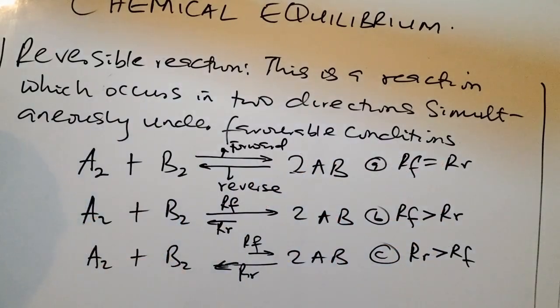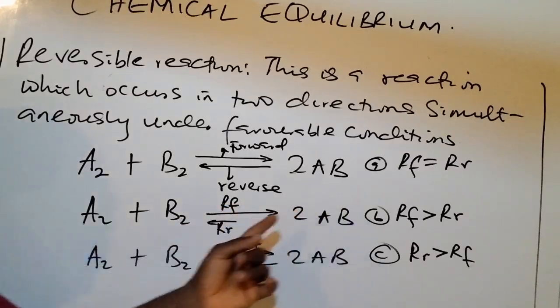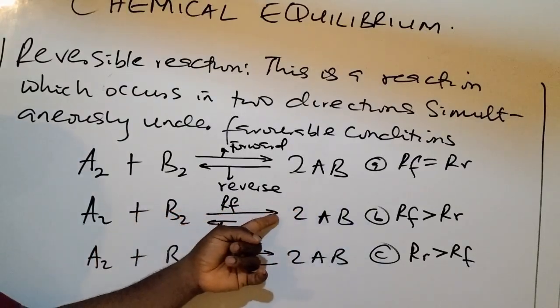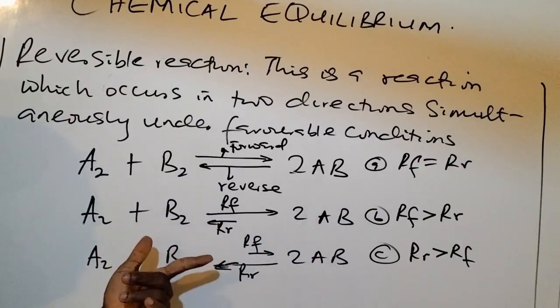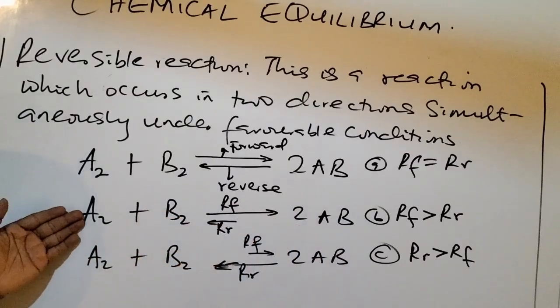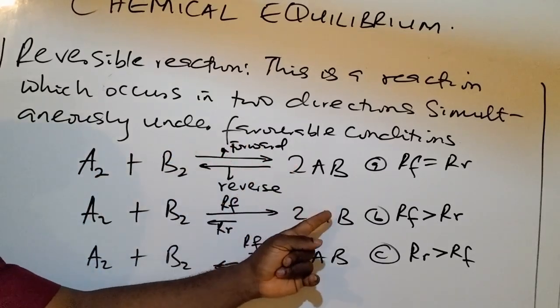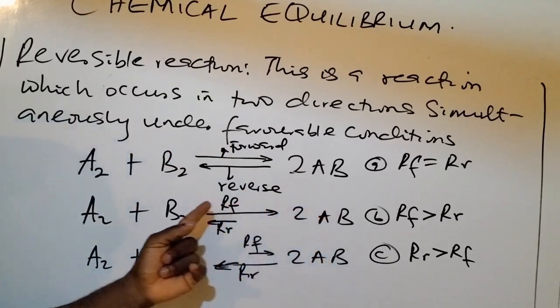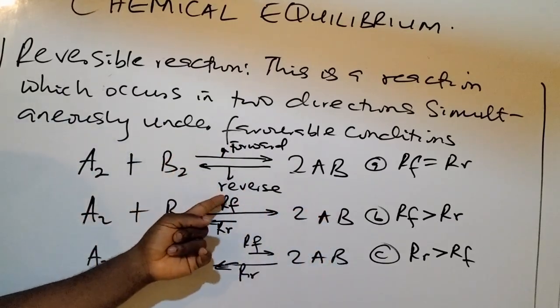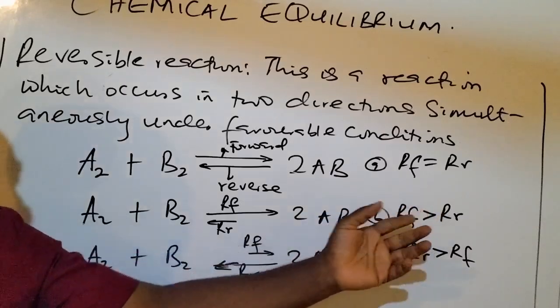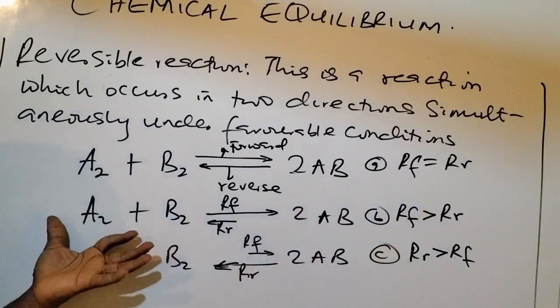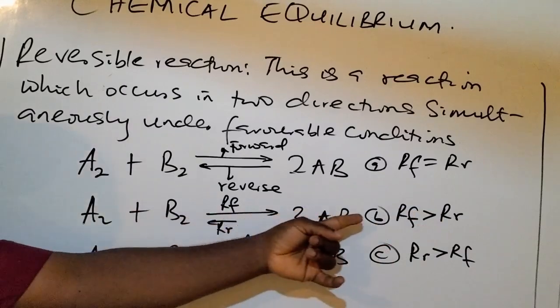Let me repeat this process again. In the B example, the first arrow is longer than the reverse arrow. What it means is that the reactants are reacting to give you the product more than the product is decomposing to give you back the reactant. I mean, you have more product than reactants in this second example.